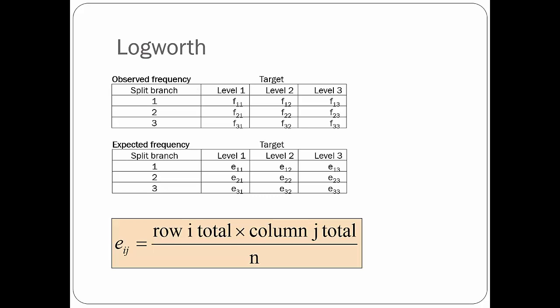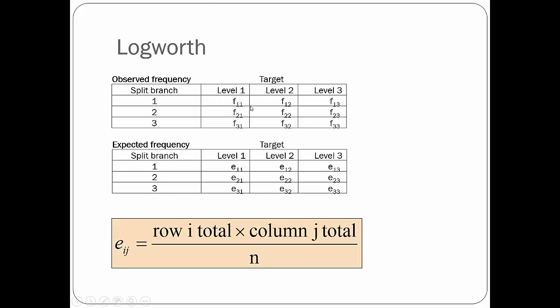Now we're going to use what is called the chi-square test, which is a test of independence. If the target levels are completely independent of the branches, then that means the split is impure, because if they follow a particular pattern, then it will be pure.